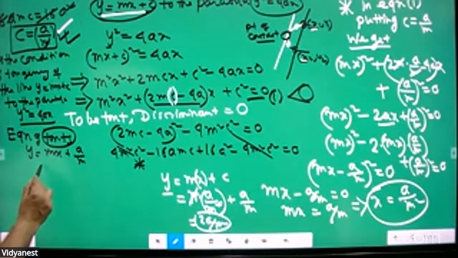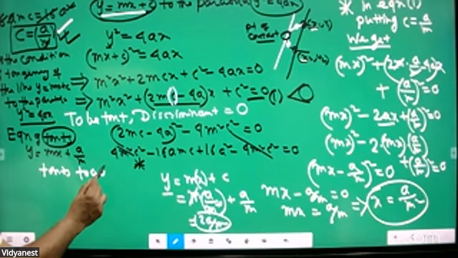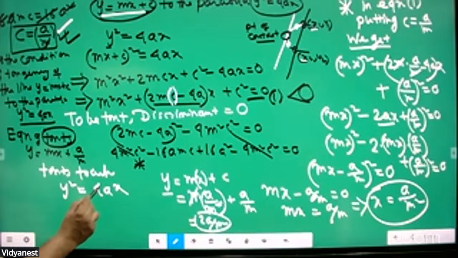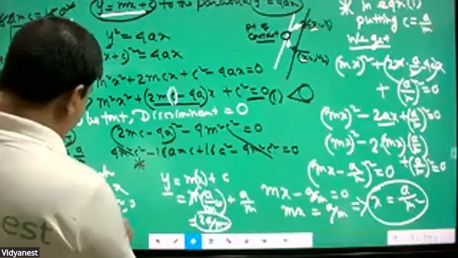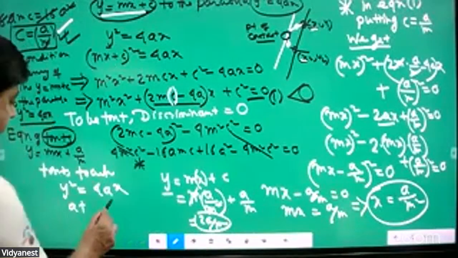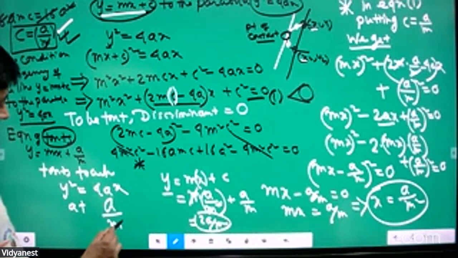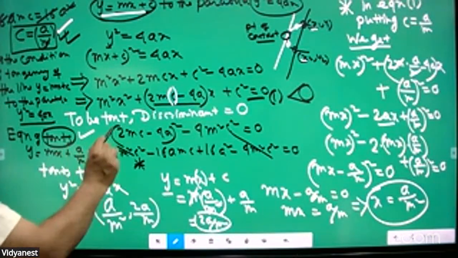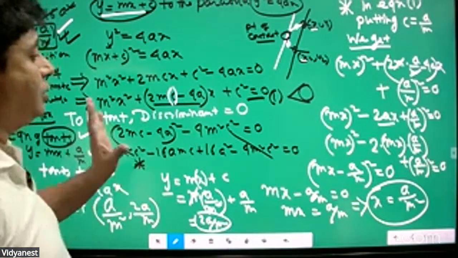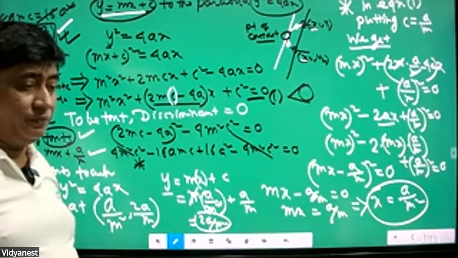Therefore, tangents touch y square is equal to 4x at (a by m square, 2a by m). So these are the formulas which will play an important role in solving JEE type problems.